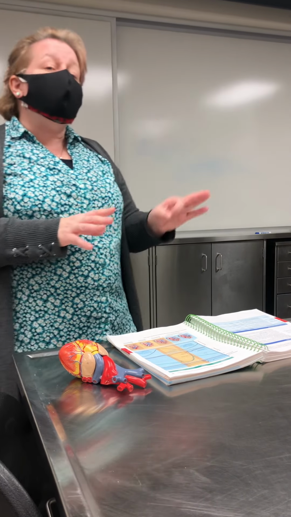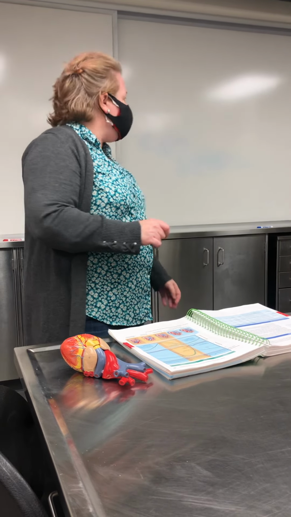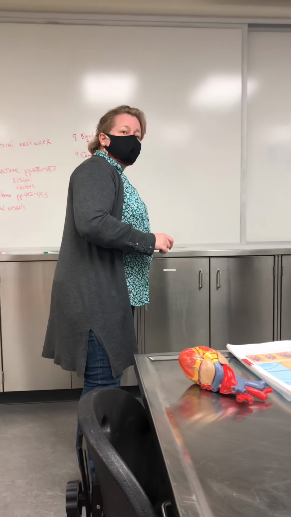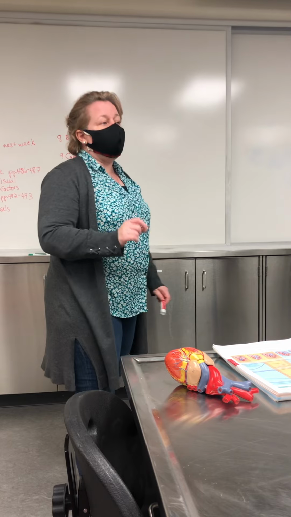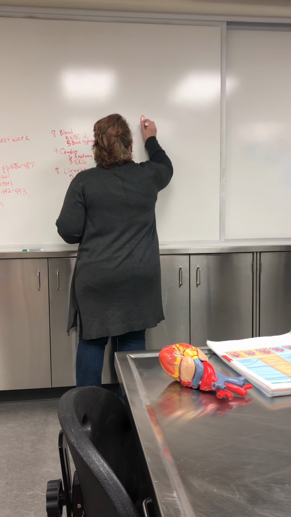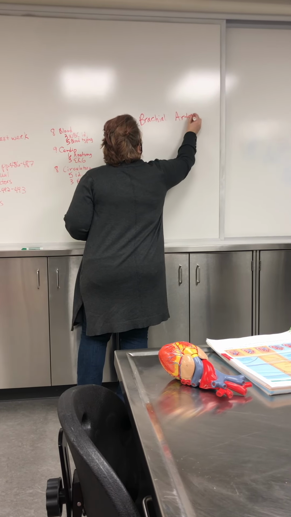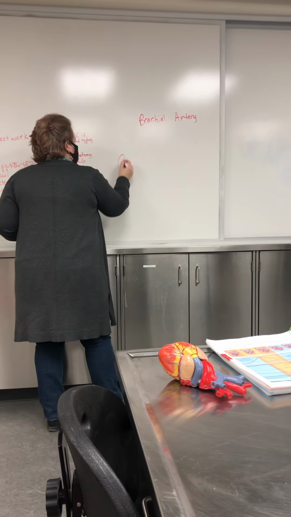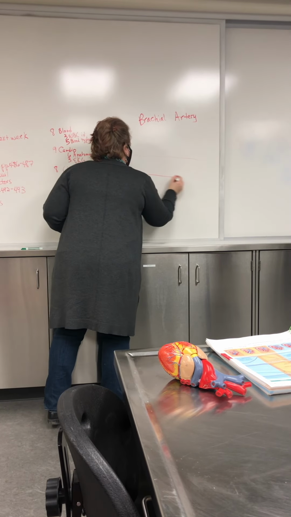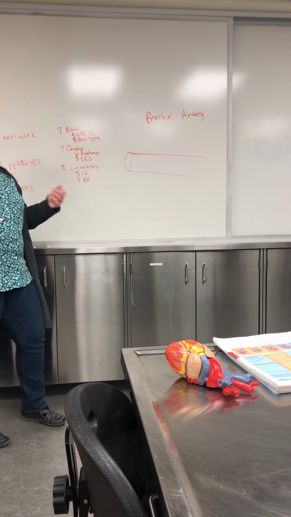So if you're with me on this visual, the same thing happens as you make your way through arteries that are very close to the heart. So when we measure blood pressure, we're measuring blood pressure based on the brachial artery. Now the brachial artery is close to the heart.